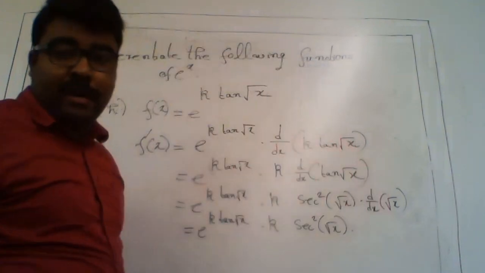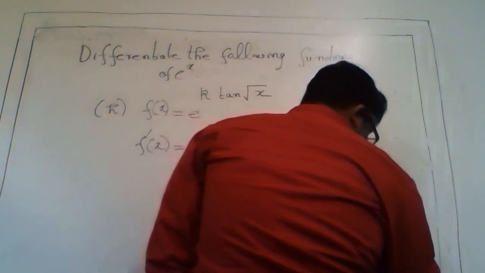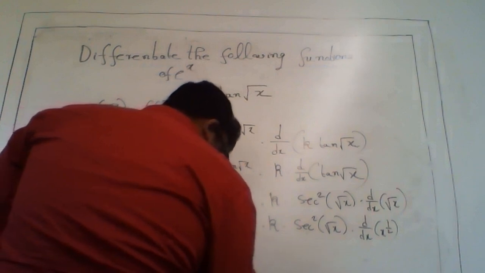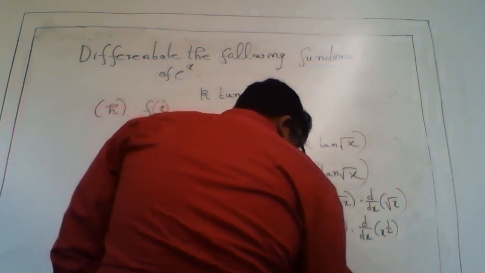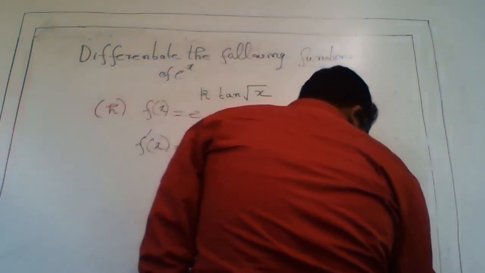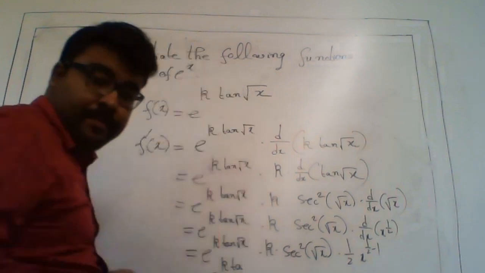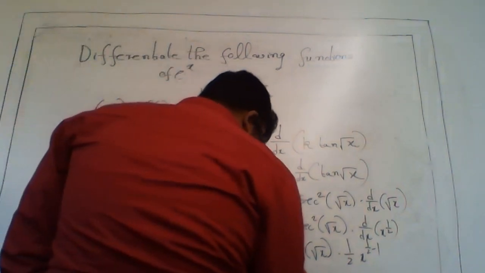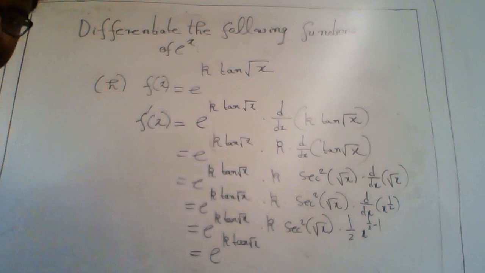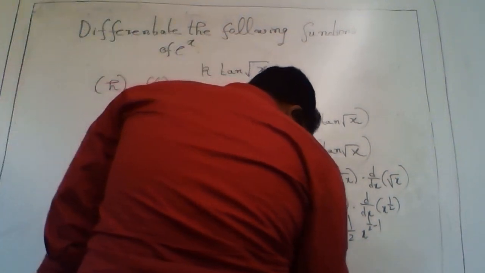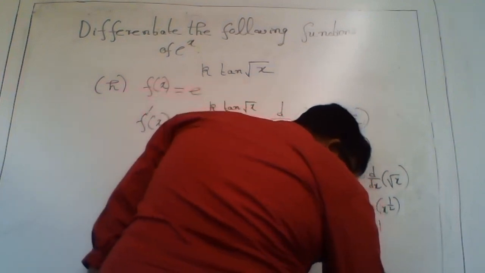Now d/dx of square root of x means d/dx of x to the power half, so it will be half x to the power half minus 1. So ultimately it will be e to the power k tan square root of x times k times sec square square root of x times 1 by 2 square root of x.